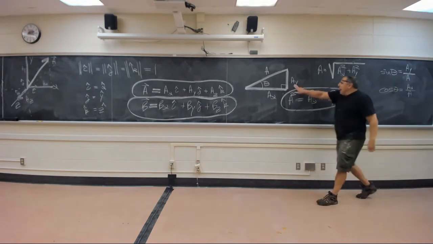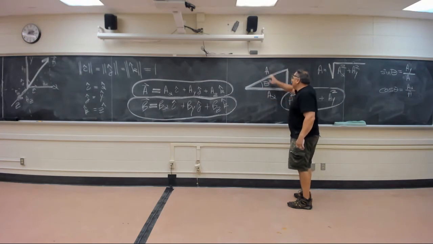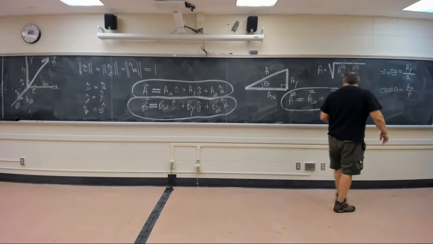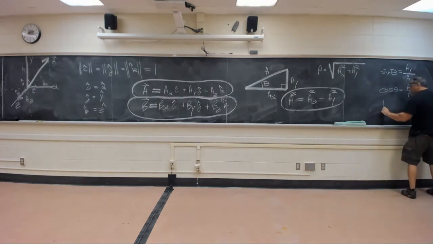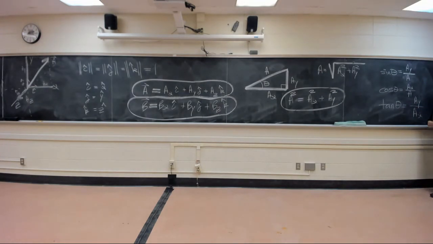The opposite over hypotenuse is the sine of theta. Adjacent over hypotenuse is the cosine of theta. And opposite over adjacent is the tan of theta.